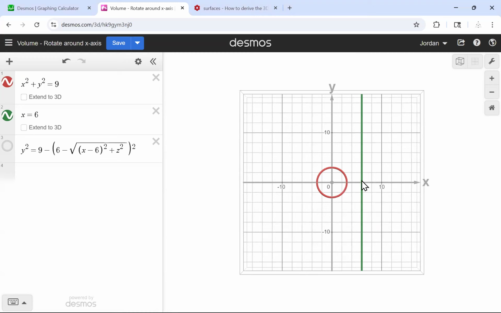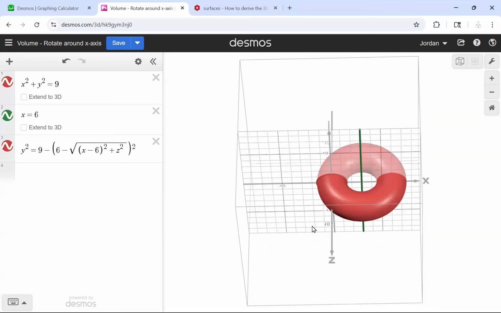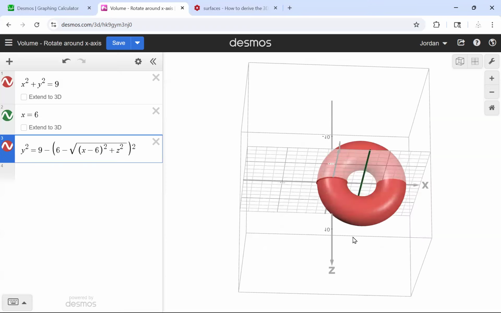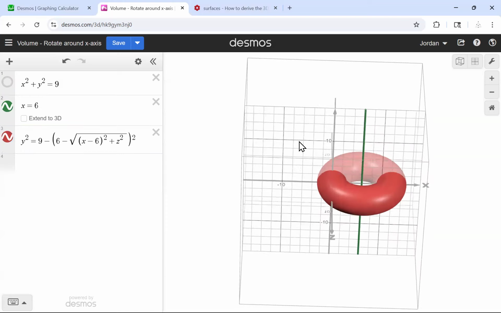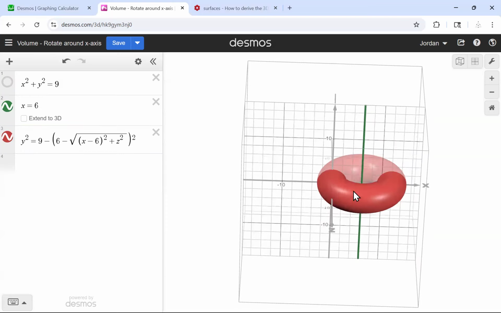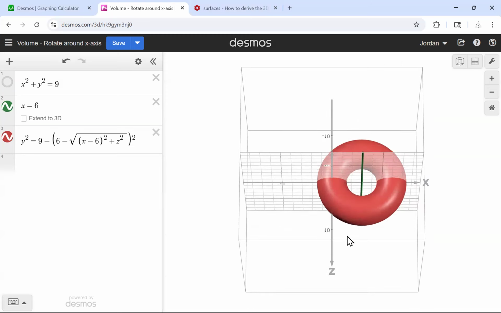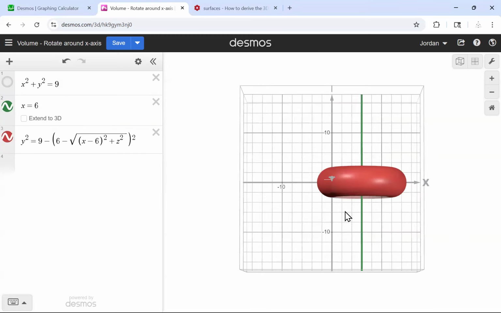We're going to rotate that around the line x equals 6. And we end up getting a figure that looks like a donut or an inner tube or a hula hoop of some shape. That shape is called a torus. It's well known in mathematics.